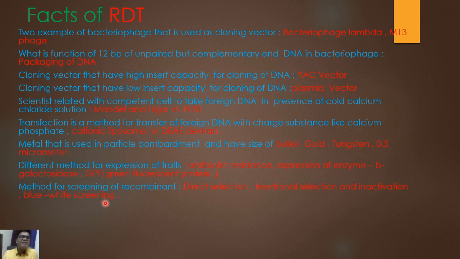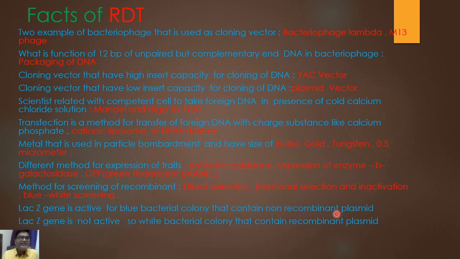So this is the method for screening of recombinants. Next, the LacZ gene is active in the blue color colony that contains a non-recombinant plasmid. Non-recombinant means there is no foreign DNA. And if the LacZ gene is not active, it means a foreign DNA insert is there in the plasmid of the bacteria.